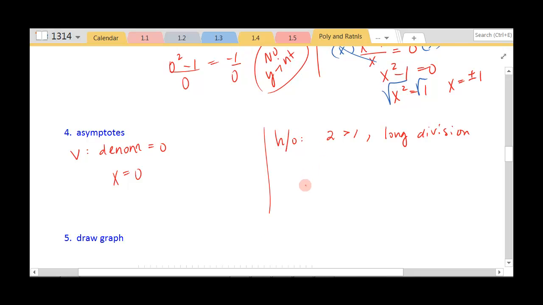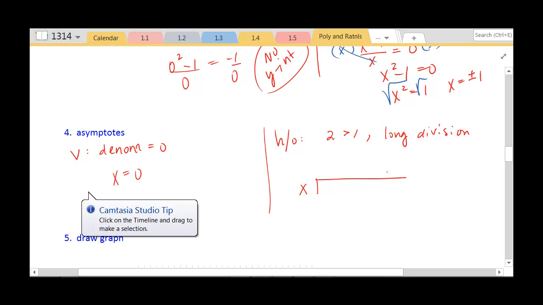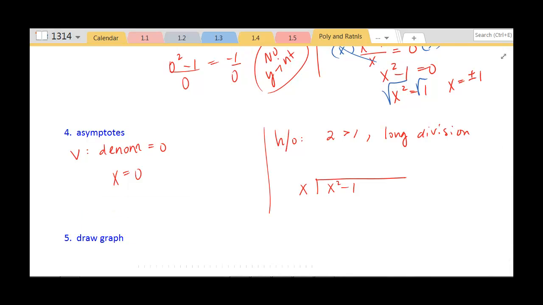So when we set this up, x is on the outside of the house, the numerator x squared minus 1 is on the inside of the house, and we move on with our long division. You're going to ask yourself, what do I multiply x by to get x squared? Well, x, because x times x is simply x squared.